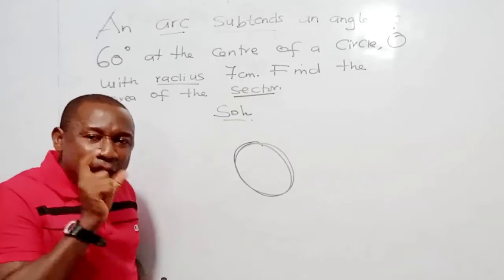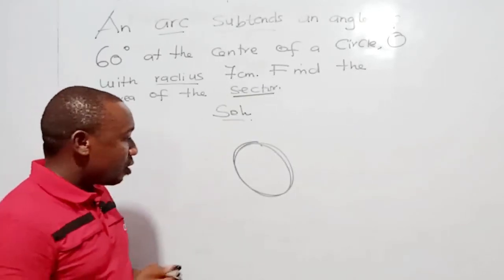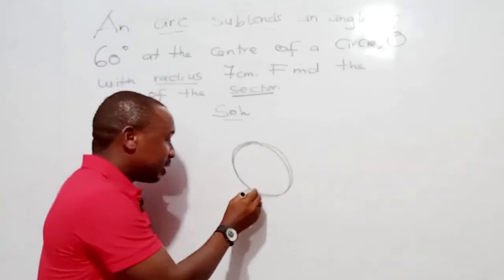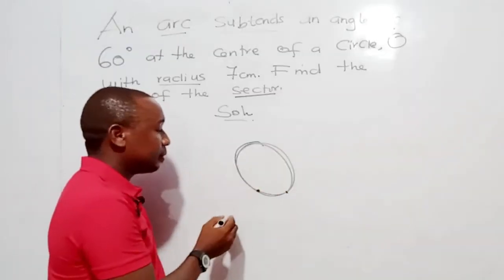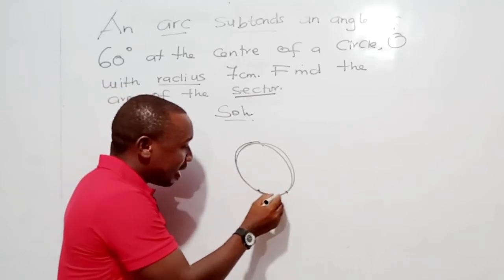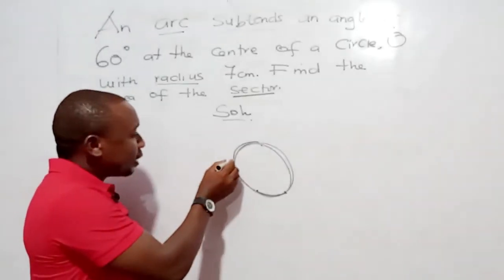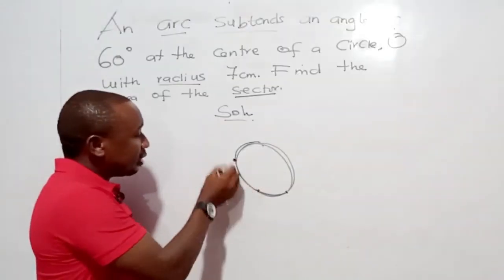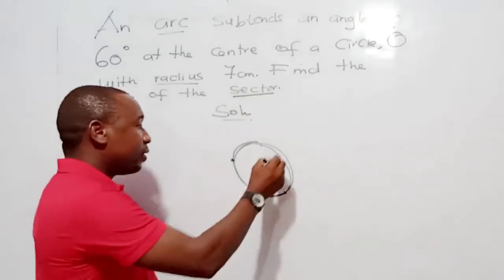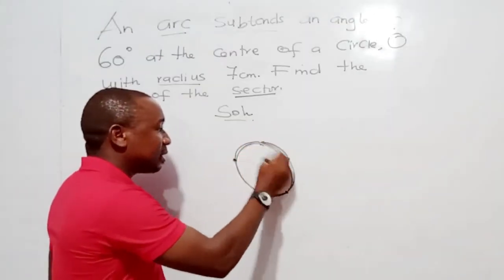Now, any part of the circumference is called an arc. For instance, from here to here, here is an arc. If you consider this part from here to here, it is also an arc. If you consider from here to here, this distance is also an arc.